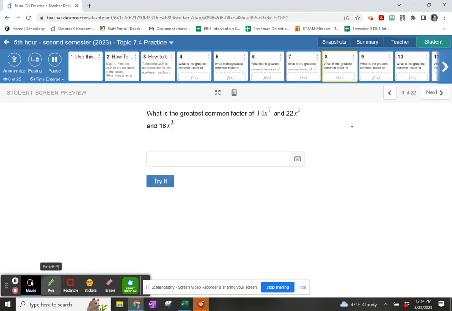Now on slide number 8, this is where you have to combine slides 4 through 7. We are not only talking about the numbers, but now we're talking about the variables as well.